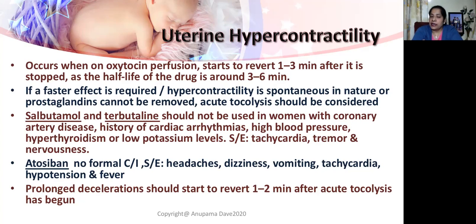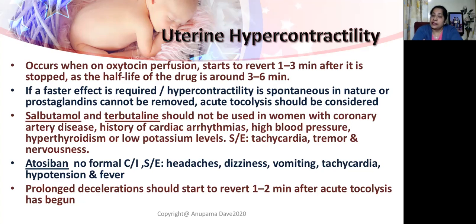Salbutamol, terbutaline, and atosiban are the commonly used agents, but we must identify which women would require which agent. Salbutamol and terbutaline should not be used in women who have coronary artery disease, a history of cardiac arrhythmias, high blood pressure, hypothyroidism, or low potassium levels. We must keep in mind the side effects like tachycardia, tremor, and nervousness.